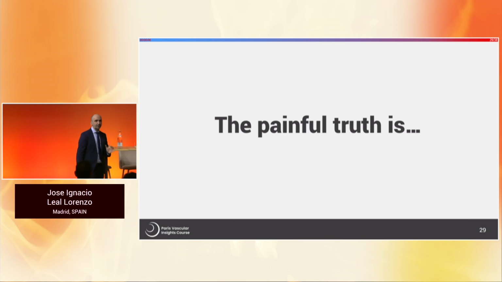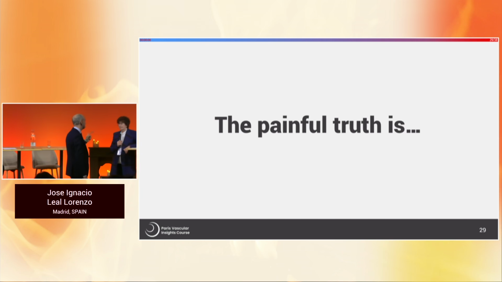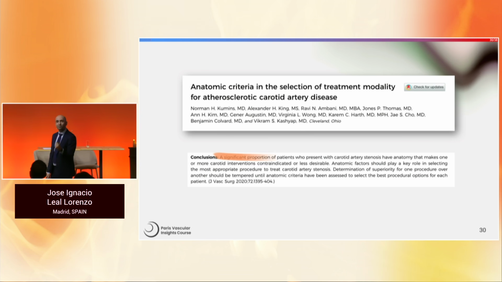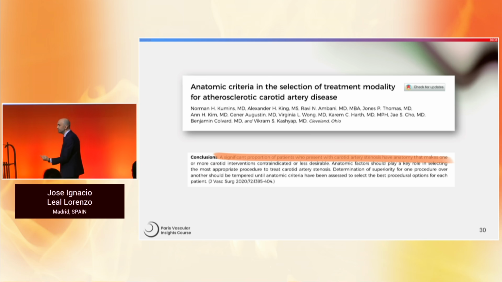The painful truth, ladies and gentlemen, is that in your practice, in my practice, in our practice, most of our patients have anatomical features that make one or at least 2 options maybe contraindicated or at least less desirable.